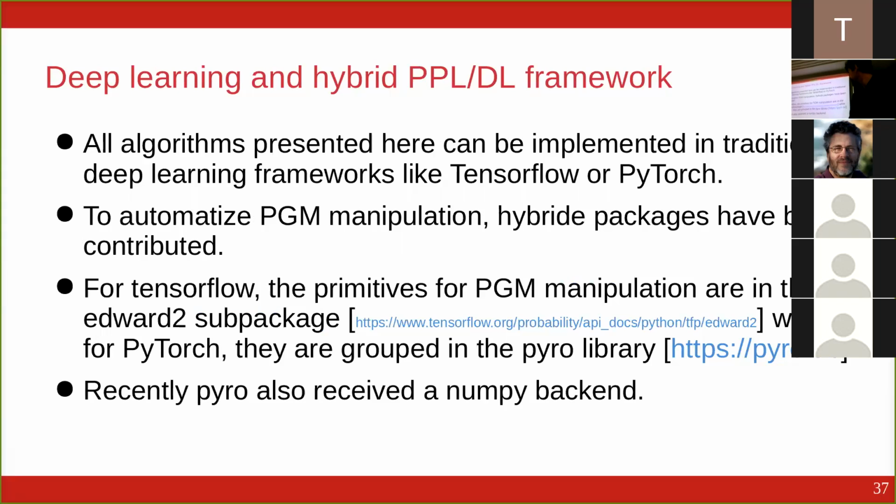So there's been the Edward PPL that was implemented on top of TensorFlow, and now version 2 has been made into a proper subpackage of TensorFlow Probability. And if you prefer to use PyTorch, then there's the Pyro library that has been implemented on top of it. And Pyro also received a NumPy backend recently, if you're more on the CPU side of computation.